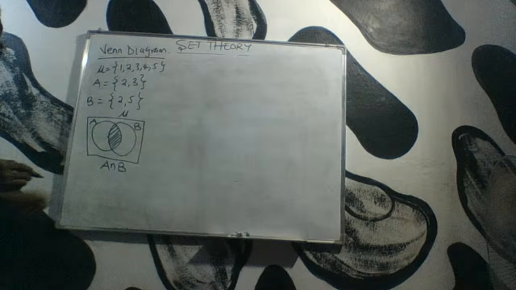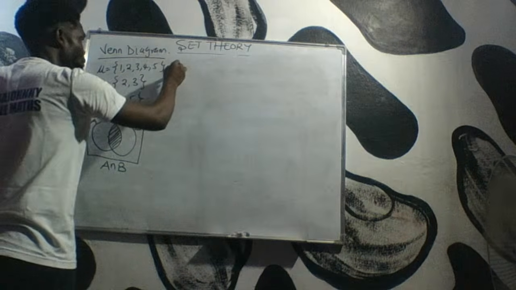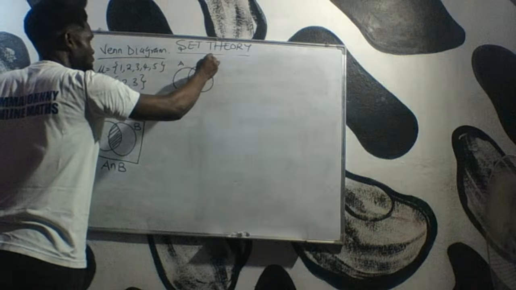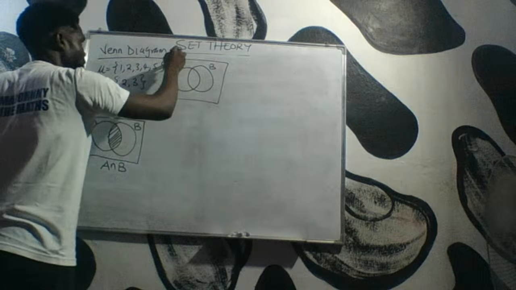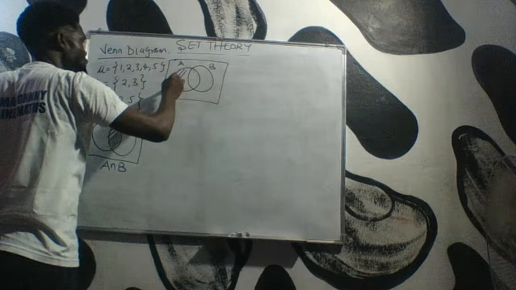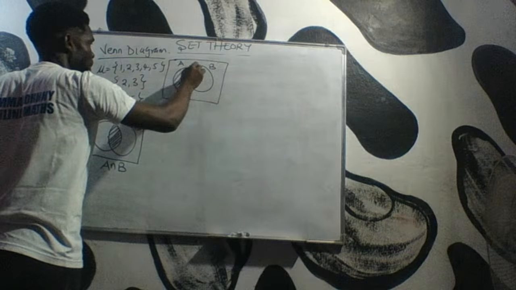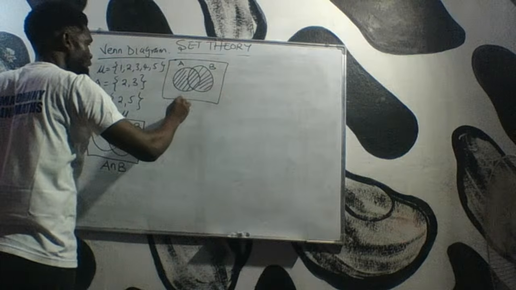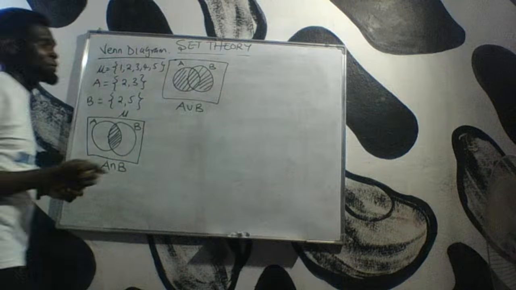That's A intersection B. But if I have A and B, this is A, this is B, and then we shade everything, as you can see, that is A union B.